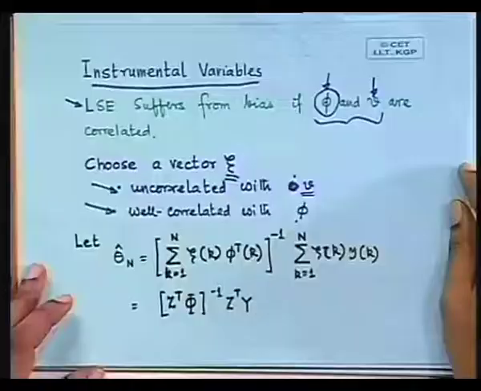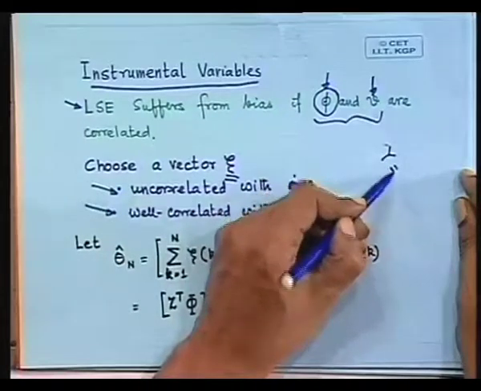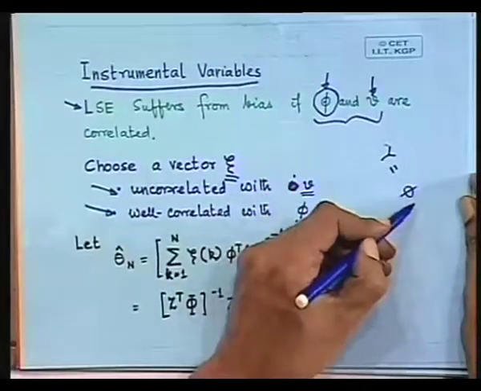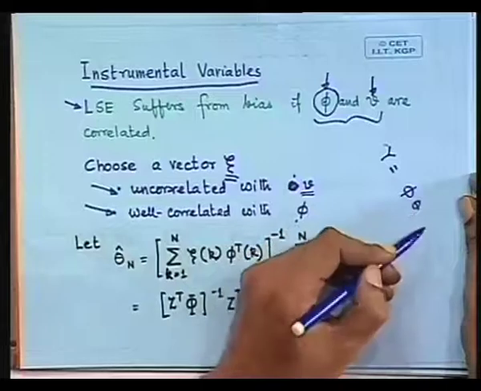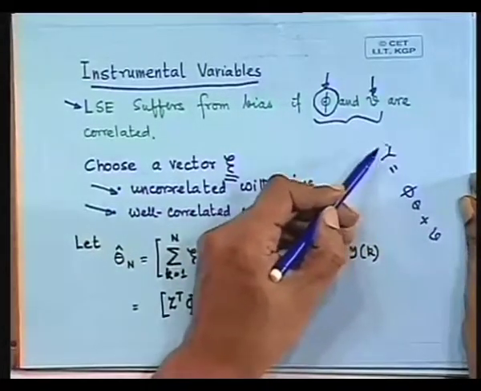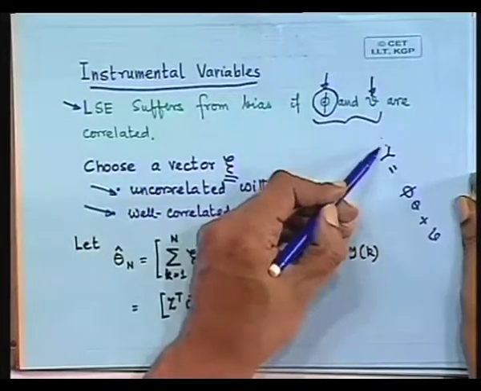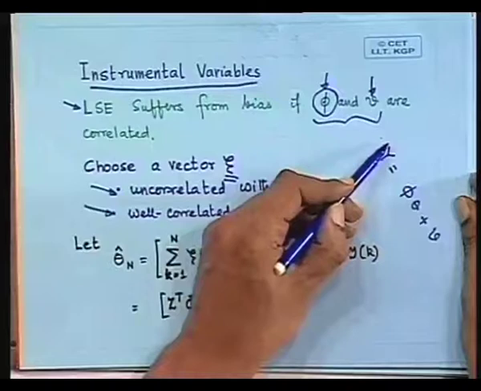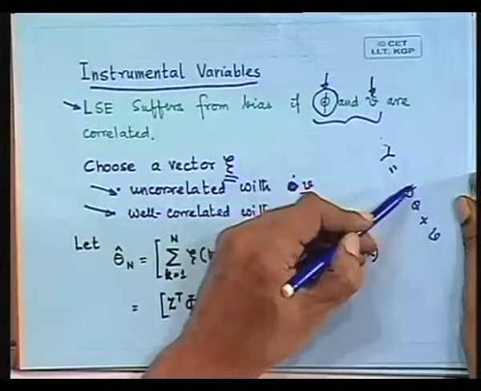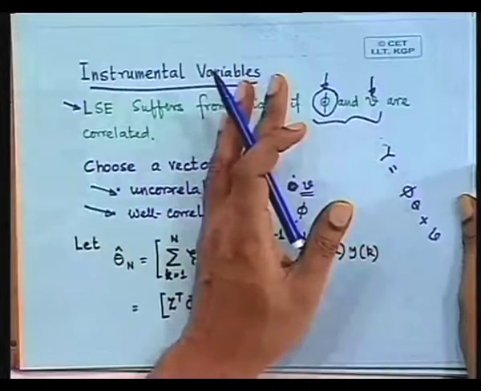How? The whole idea is that you have this equation y is equal to phi theta plus v. This is your model. So what did we do in obtaining least square? We multiplied this side by phi transpose, then it becomes phi transpose phi. Then we multiplied by phi transpose phi inverse. That's how we got the least square. Correct?